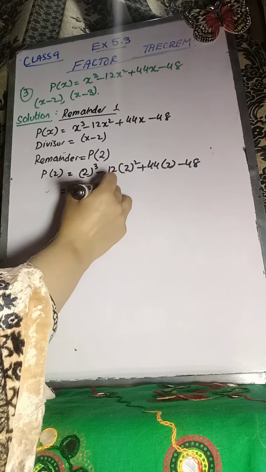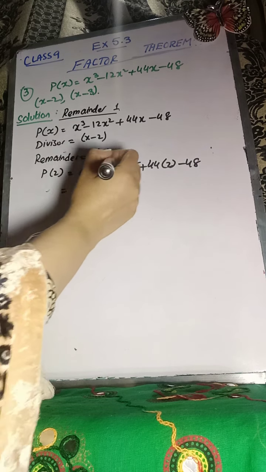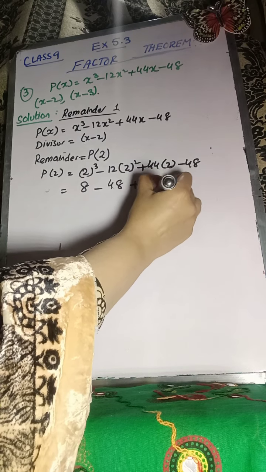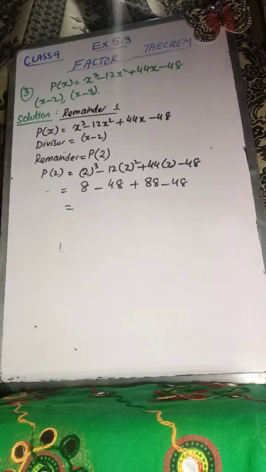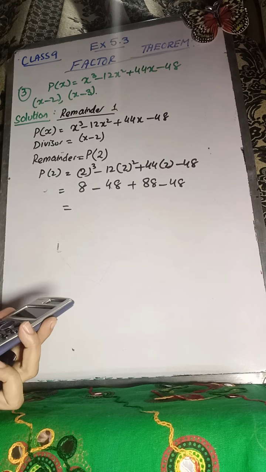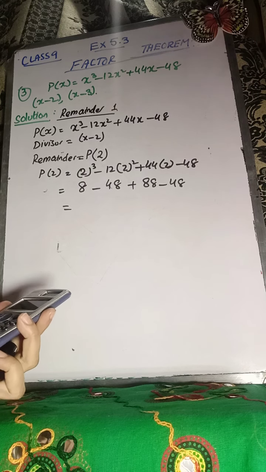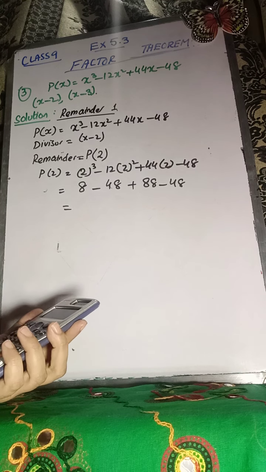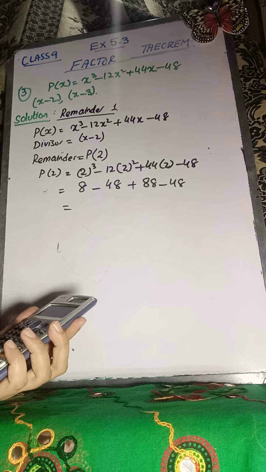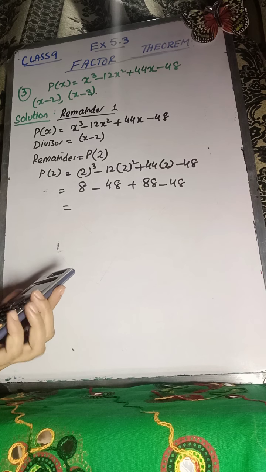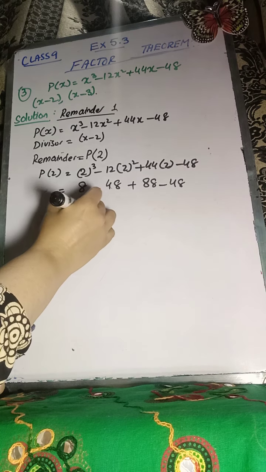2 cube is 8, minus 12 into 4 will be 48, plus this will be 88, minus 48. Now we are going to calculate this by using a calculator. 8 minus 48 plus 88 minus 48 is equal to 0.